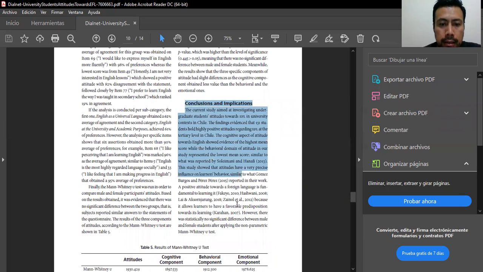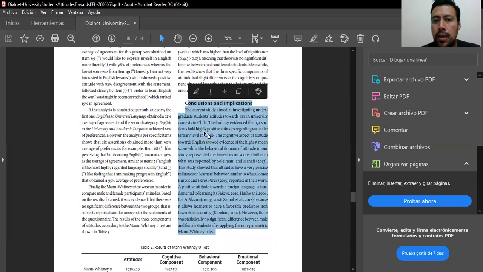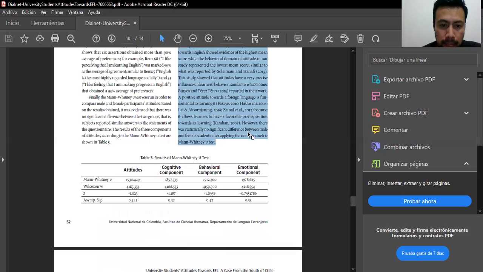This is the most important thing, because we can relate the objectives and the conclusion after a deep analysis of results.